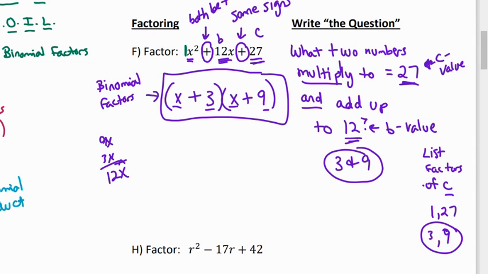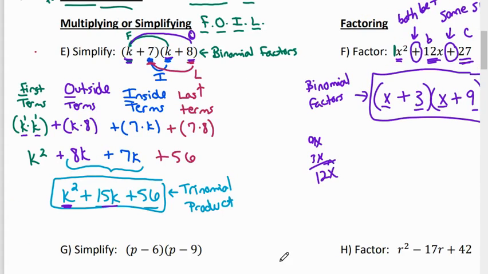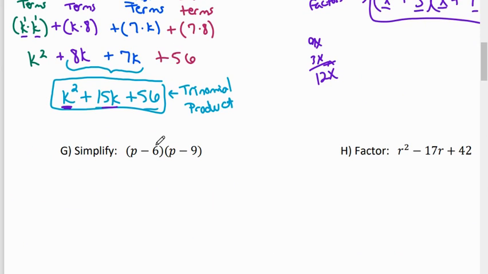All right, the next example has two negatives. So we do have two binomial factors again, but there are minus signs in between them. So the p times the p, those are your first terms, will be p squared.